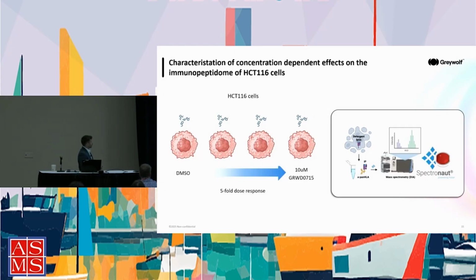So to kick off the first story, this is going to be centric around an experiment we did in HCT116 cells. So we took HCT116 cells and we treated them with increasing concentrations of one of our ERAP inhibitors. And this is probably the only schematic there will be of any technical application of mass spec today, but just to say, we then lyse the cells, we do an IP pull down, or Biognosis do an IP pull down, of pan-HLA antibody, and we're looking to observe what is quantitatively changed of these peptides at the cell surface with direct DIA.